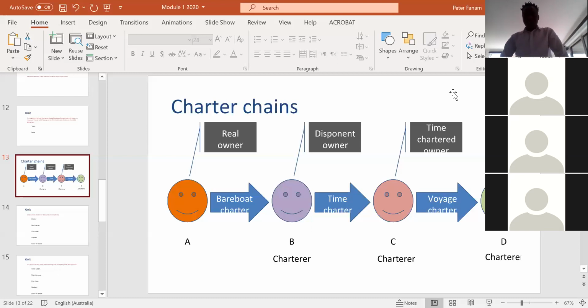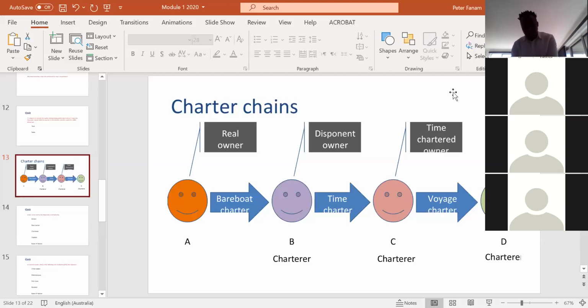The voyage charterer, D, in that case also knows charterer C as the owner. He doesn't know that charterer C also chartered that vessel from B, who also chartered from A. Charterer D only knows charterer C, the time charter owner, as the owner of the vessel.